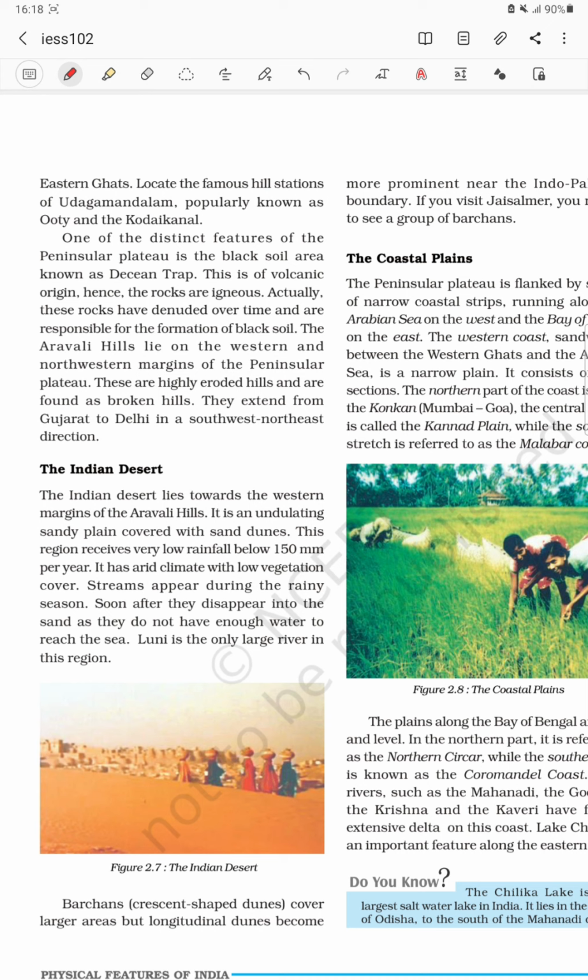Today I will continue the second chapter of class 9 geography. The name of the chapter is Physical Features of India.